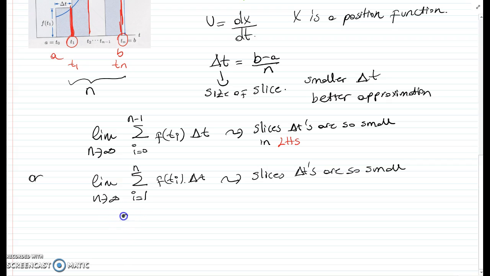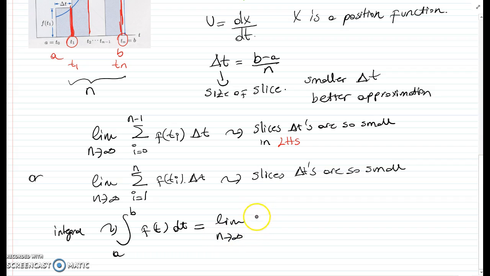So this is how we write it down. The integral from a to b of f of t dt is equal to the limit as n goes to infinity of the left-hand sum, which is the limit as n goes to infinity of the sum from i equals 0 to n minus 1 of f of t i delta t.